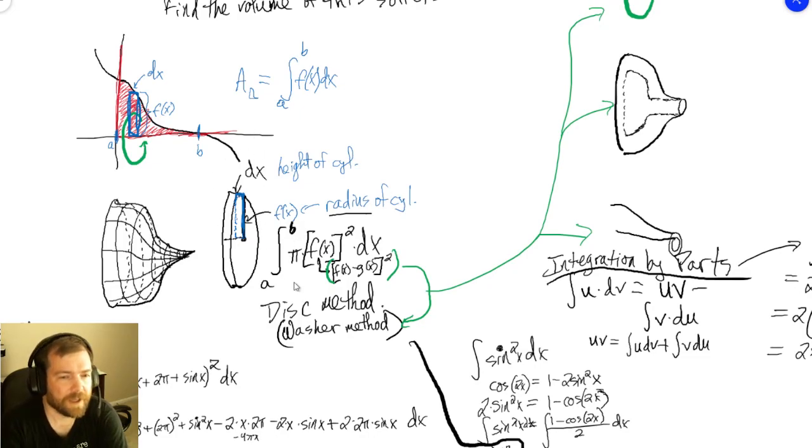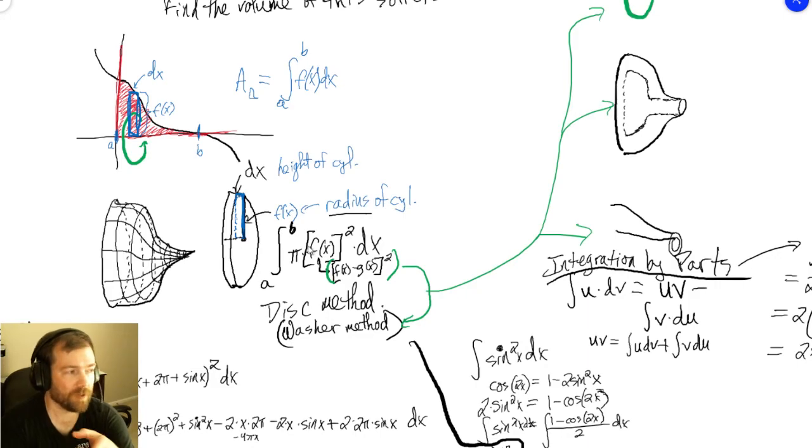Anyway, yeah, so the disk method is taking a shape, whatever it might be, and splitting it up into disks. And so we're saying we're going to take the area under the curve and then extend it, rotating it around the x-axis to make a disk like this. And so this is going to be like the infinitesimal part of the whole.